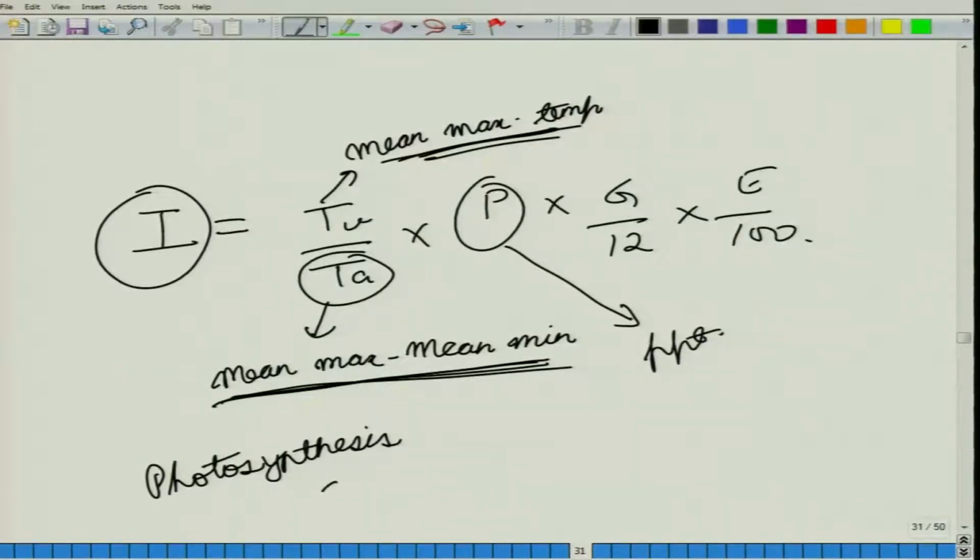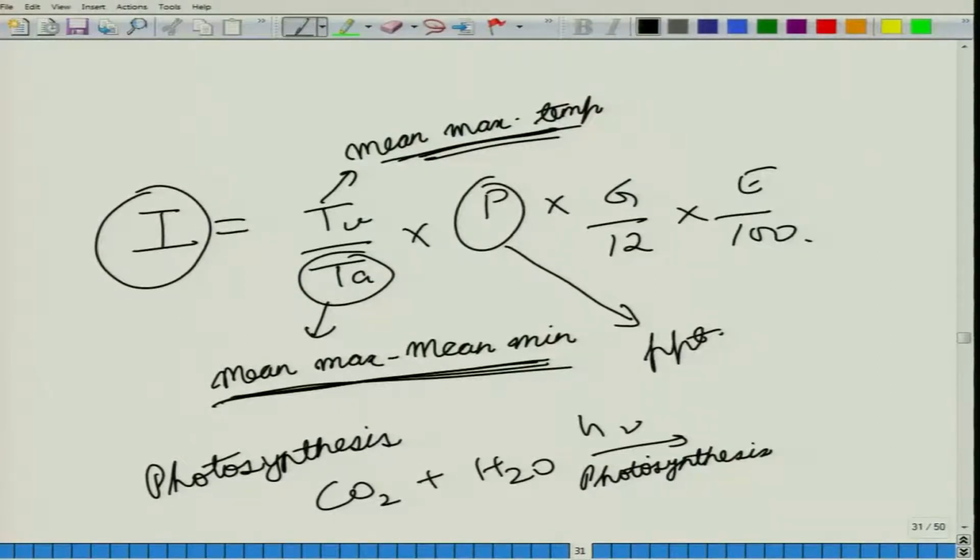So, CO2 plus H2O in the presence of h nu, in the process of photosynthesis, gives you products, and when we balance it, this is the equation that we have already seen. So, if your area is getting large amounts of water, the productivity of the site will be greater.